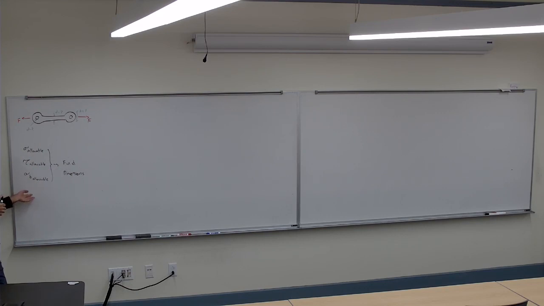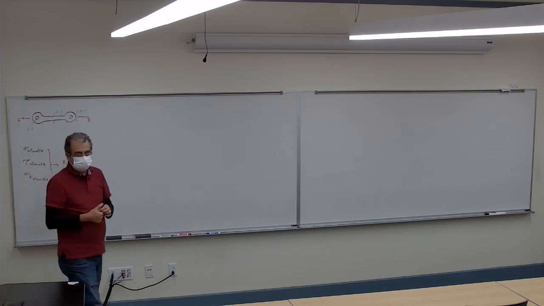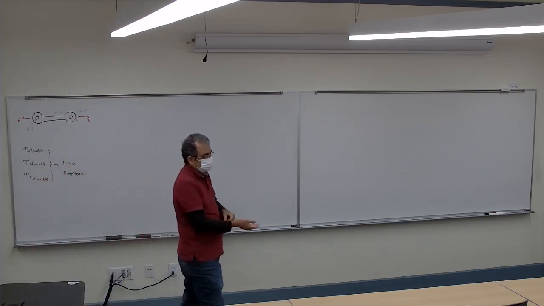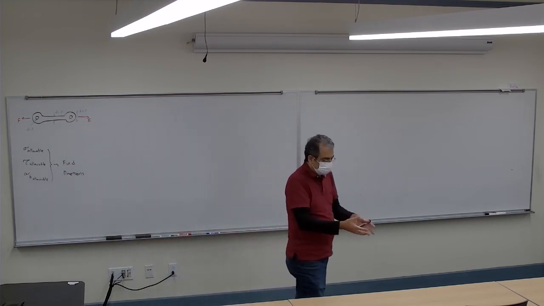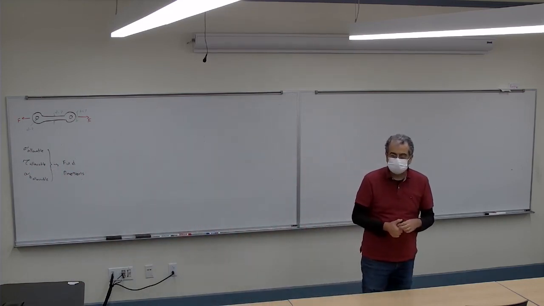Remember that? So, what can go wrong there? This is the method we use to design. So, okay, we know the load, we know how much our material can bear, and then we put them together and find the dimension.